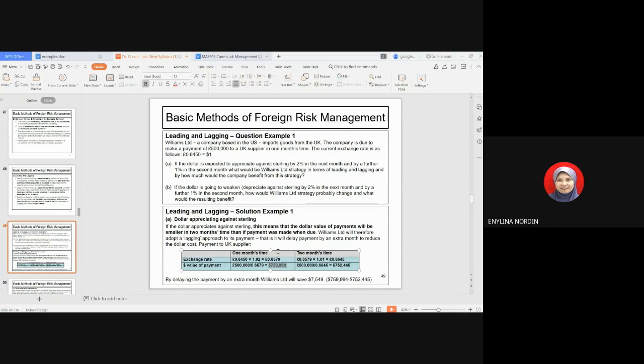time. But what happens if this US company delays the payment until the next 2 months? In the next 2 months, it is also predicted that the US dollar is going to appreciate, and that means the pound sterling keeps on depreciating, by 1% more here. What happens then to the exchange rate?